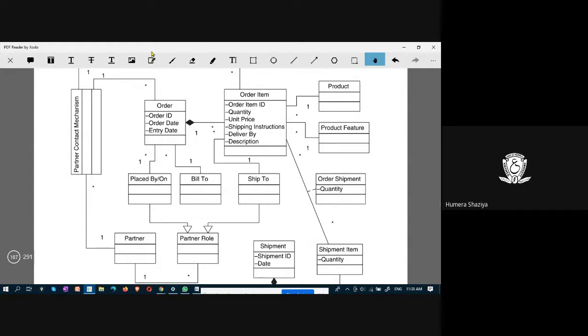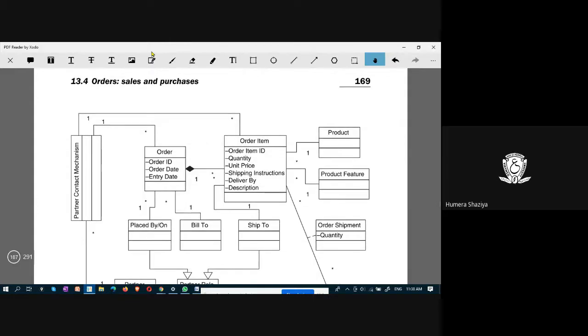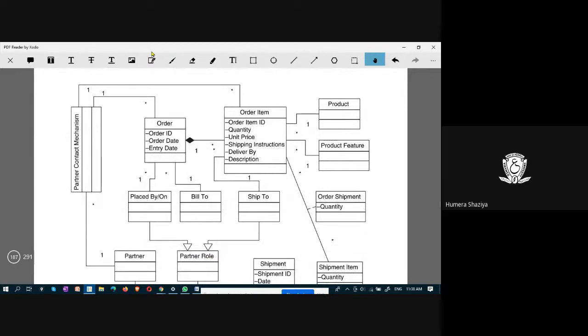Sometimes when you buy from, say, Zomato or Swiggy, you can mention that you want something spicy, so those instructions you can provide. Deliver by: you may say the item should reach by 4 o'clock, 5 o'clock, something, the description. And this order item includes the product, the individual product, and its feature.